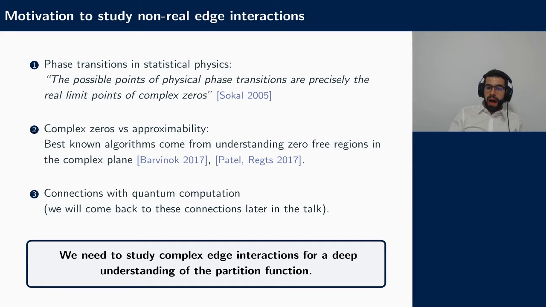Maybe a more recent motivation is that the best known approximation algorithms on bounded degree graphs come from understanding zero-free regions in the complex plane. So one has to study complex edge interactions for this matter. Finally, there are some connections with quantum computation, but I'll come back to those later in the talk.